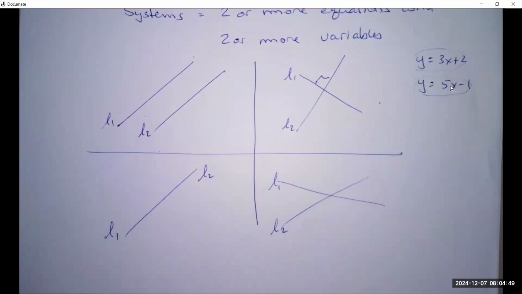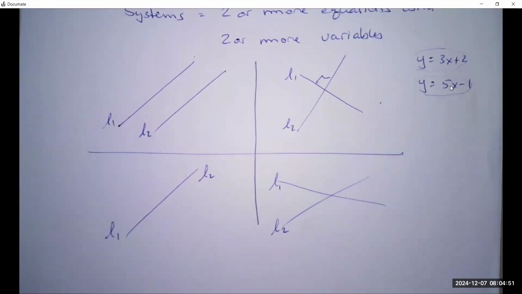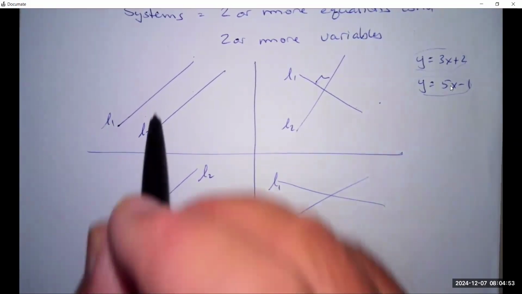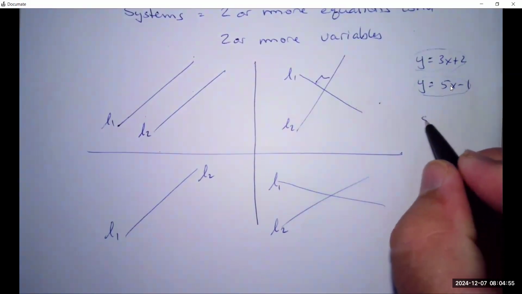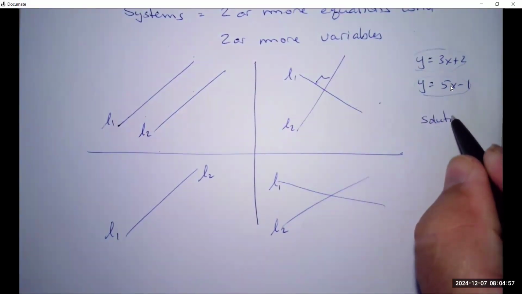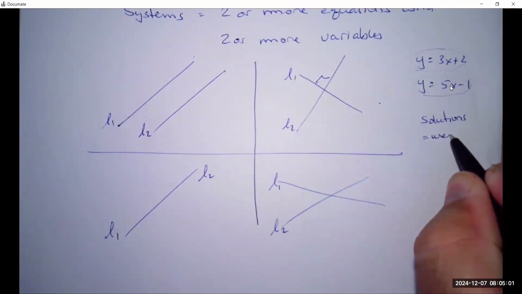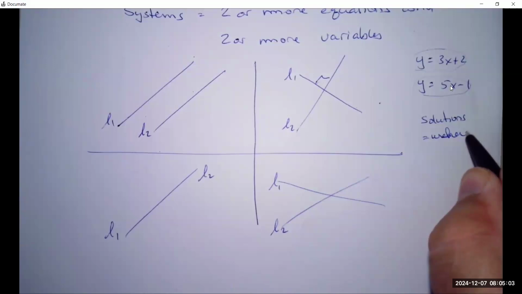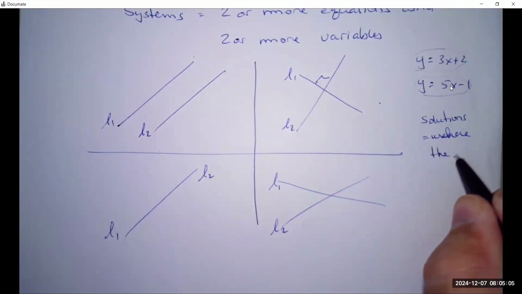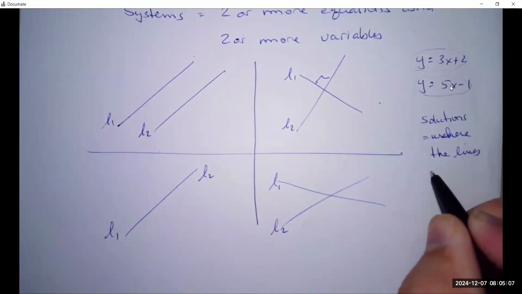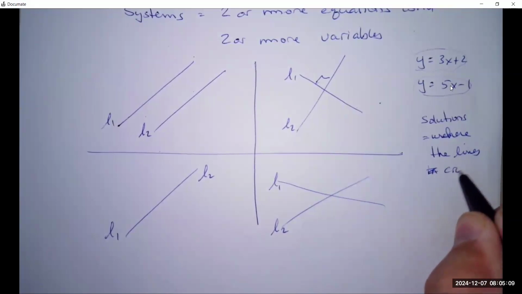Now, in this chapter, the same principles apply. Solutions are where the lines intersect or cross.